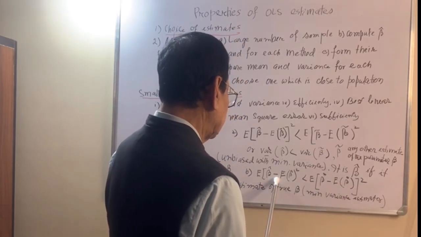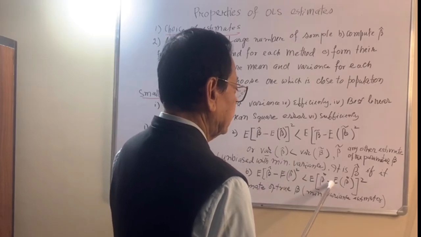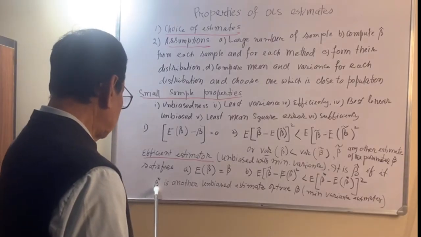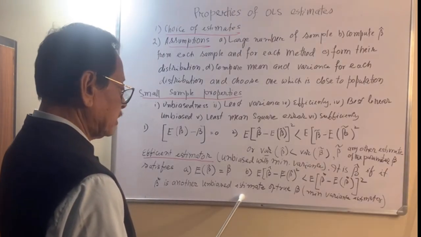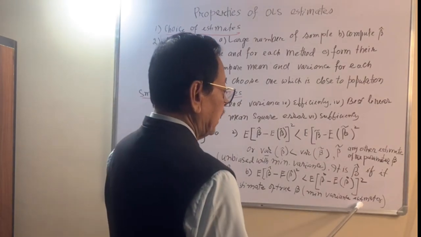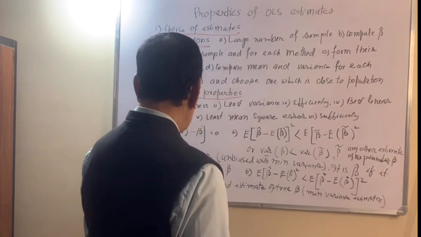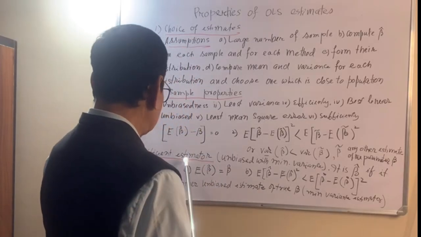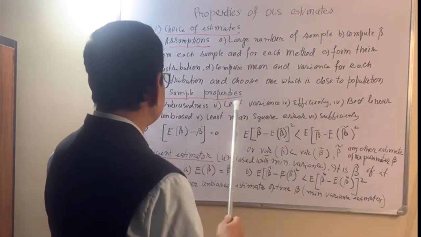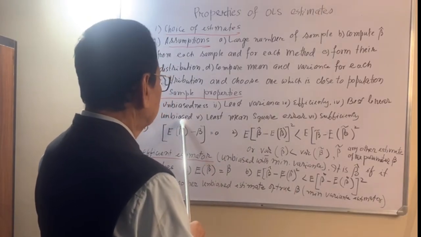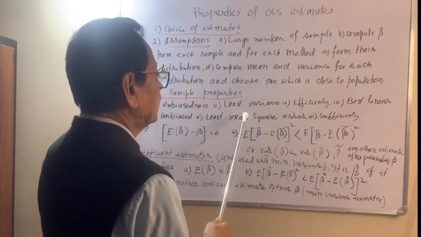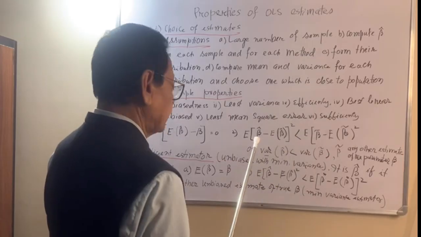Then it is a minimum variance estimator. Next will be the best linear unbiased estimator, the least mean square error, MSE, and sufficiency.